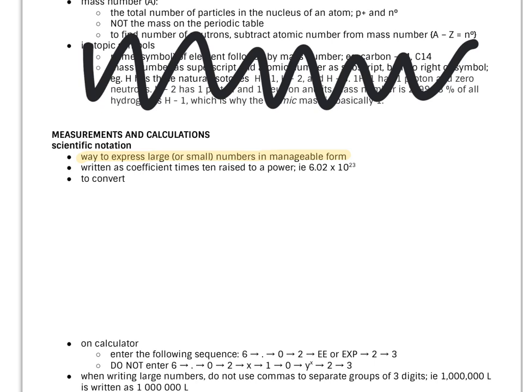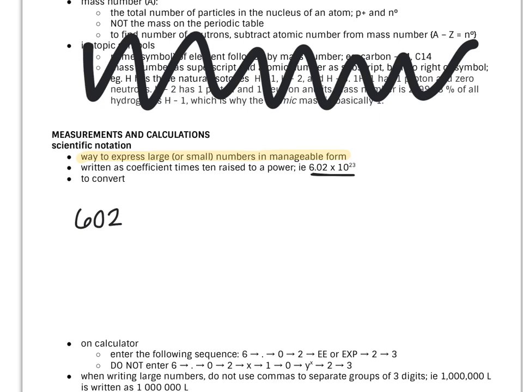So to convert this number, you're going to write this example down for me. This number, Avogadro's number, written out is 602 followed by 21 zeros.